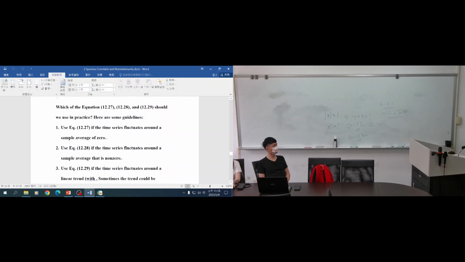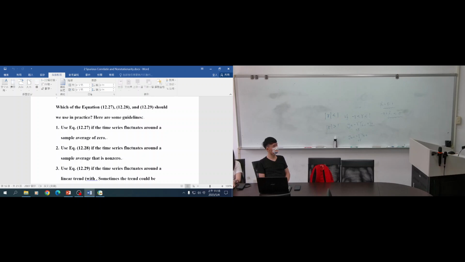Then we have some guidelines. 12.27, if the time series fluctuates around a sample average of 0. This is just a guideline, okay? Since it fluctuates around 0, you don't need to have an intercept, right?